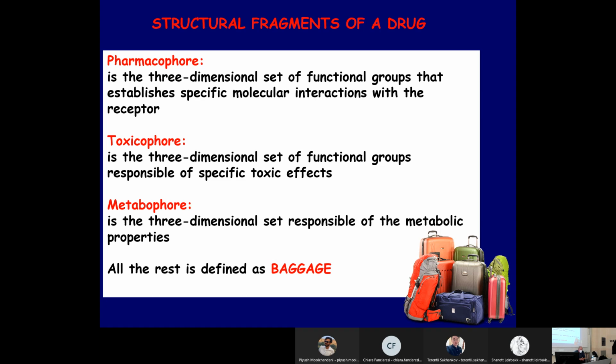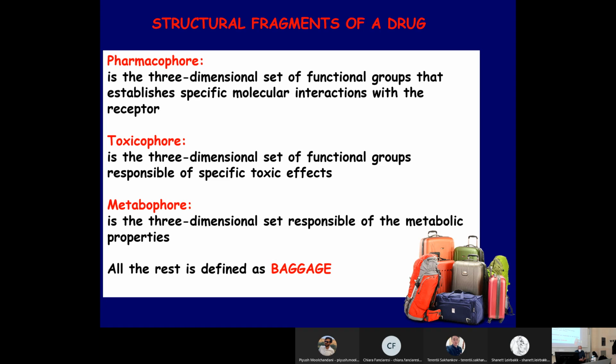Toxicophore is the part of the molecule responsible of specific toxic effects. Sometimes there are particular substituents on the molecule that can be transformed by our metabolism in toxic group.